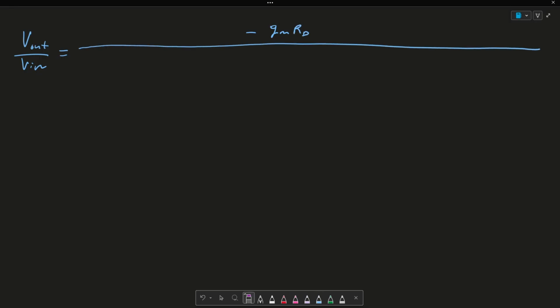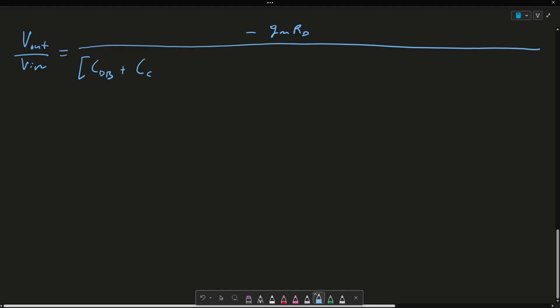over, so my S squared terms get a little bit complex, but let's go ahead and write that out. So then this becomes CDB plus CGD1 plus 1 over GM RD times CGS plus CGD1 plus GM RD times RG RD S squared.